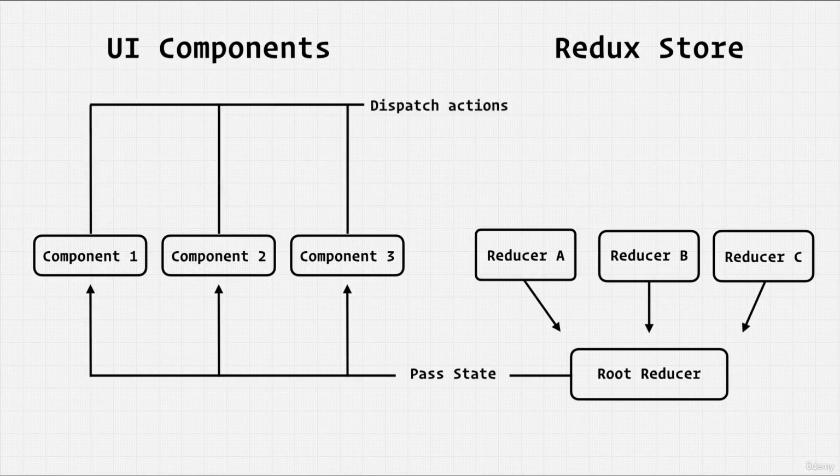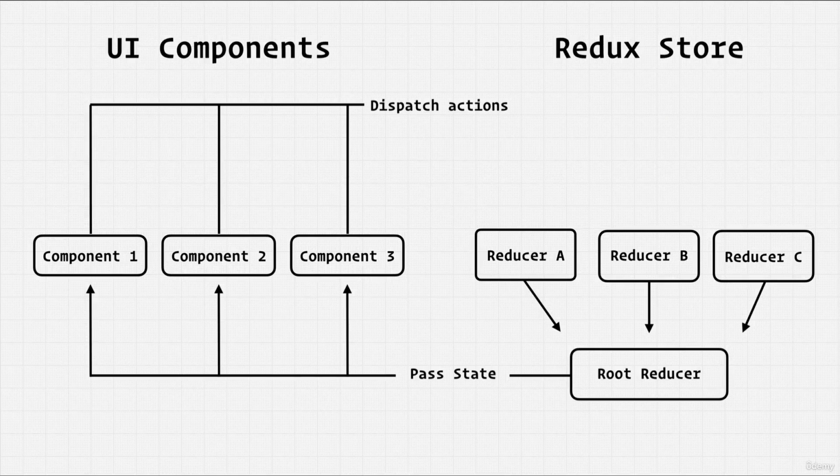And then similarly, these components are going to dispatch actions, but it's one dispatch method. Remember, with context, each useReducer gives you a new dispatch that goes specifically to the respective useReducer hook. Here with Redux, we have one dispatch action.